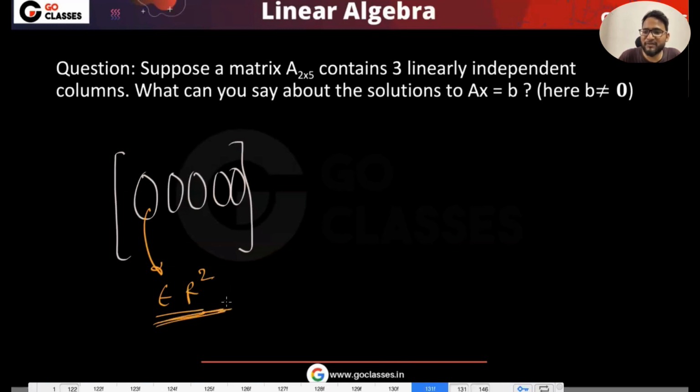This is not possible. In R2, how can you have 3 linearly independent columns? So the first line is in fact not possible. I just wrote it to make you understand. Otherwise it cannot even be a question.